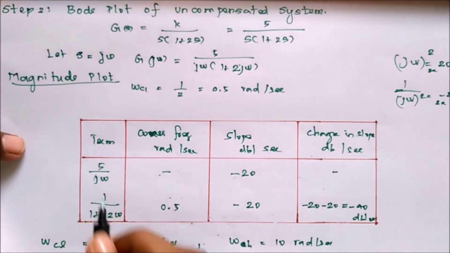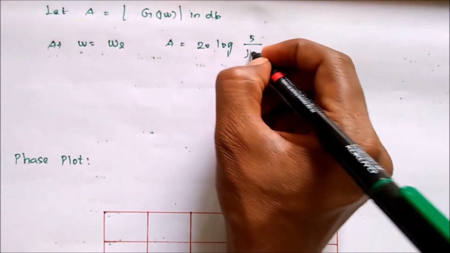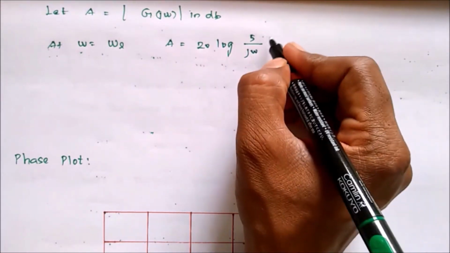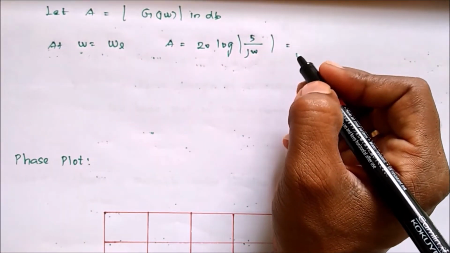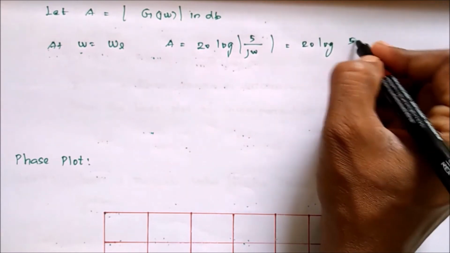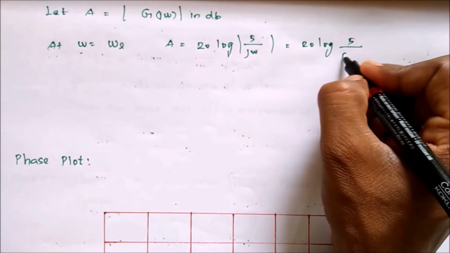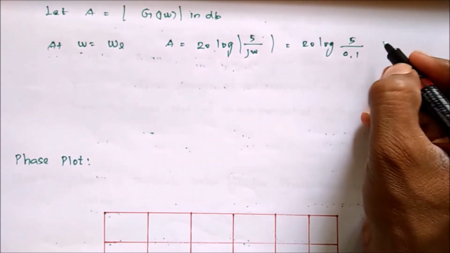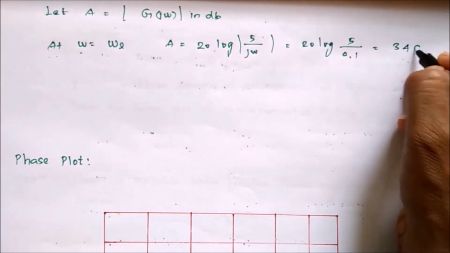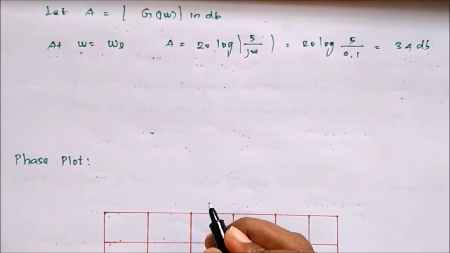From the tabulation we consider the first term, 5 divided by j omega, equal to 20 log 5 divided by omega. Here omega equals the lowest corner frequency, 0.1, therefore its value is 34 decibel.